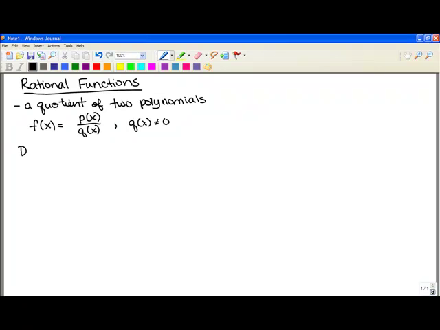To find the domain, we need to set the denominator equal to 0 and solve for x.